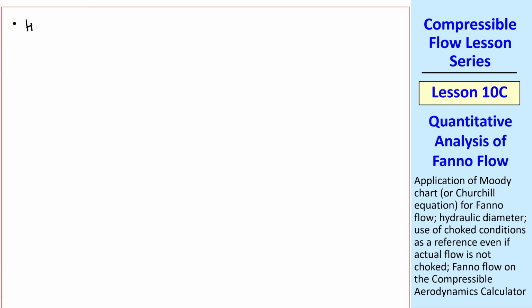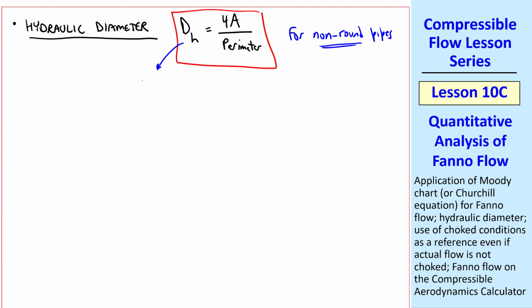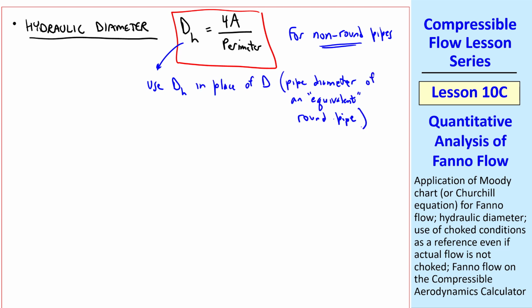Let me sidetrack briefly and discuss the hydraulic diameter, which we'll call dH. dH is defined as 4A over the perimeter, and we use this for non-round pipes. It's a little more complicated than this, but basically we can use dH in place of d, the pipe diameter, of an equivalent round pipe.